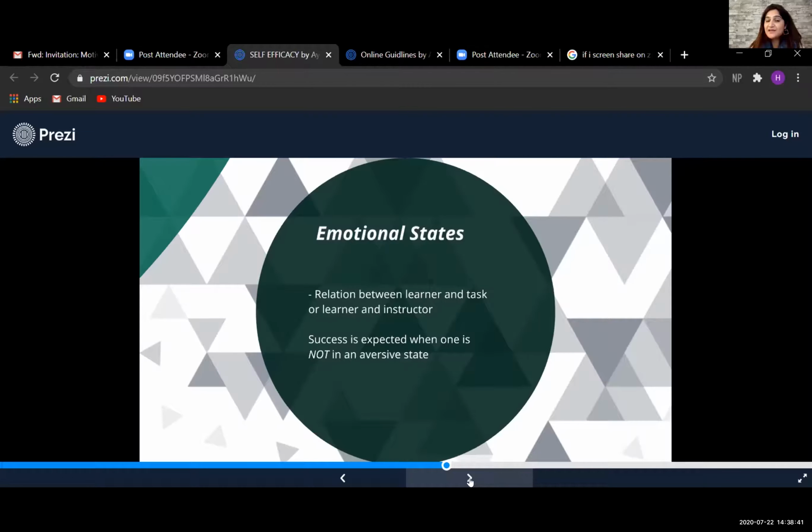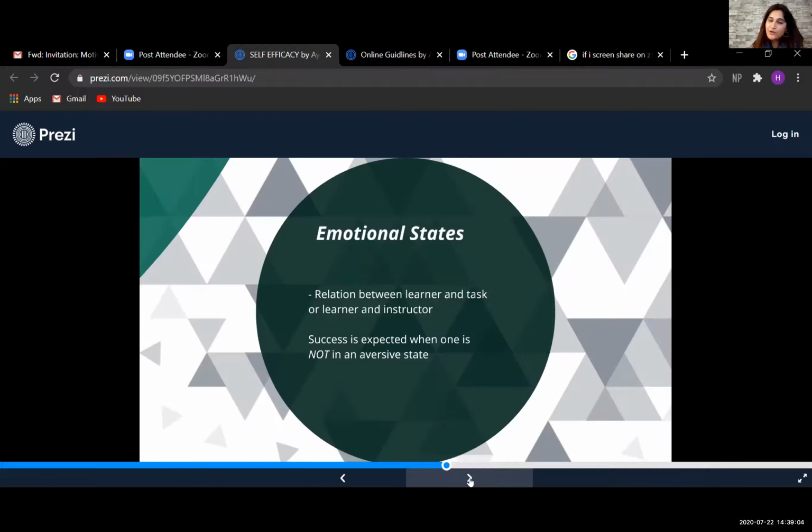Success is expected when one is not in an aversive state, and Bandura called it a state of arousal. A modest level is expected for a more engaging state and a more self-efficacy state.